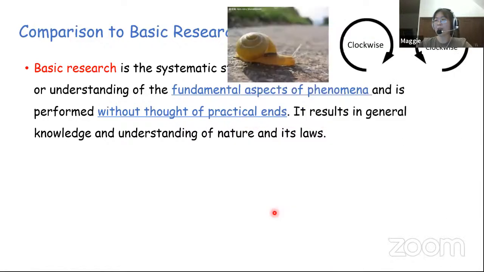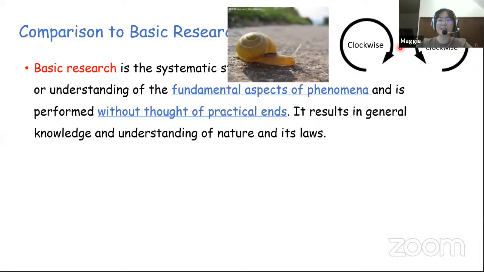For example, here shows a picture. This animal, I think all of you have seen before. It's a snail. As you look into this snail, you can see there are curves on the shell, right? If you look carefully, you can find this curve has two different directions. One of them is clockwise, another is anti-clockwise.